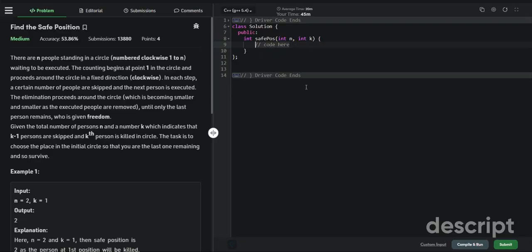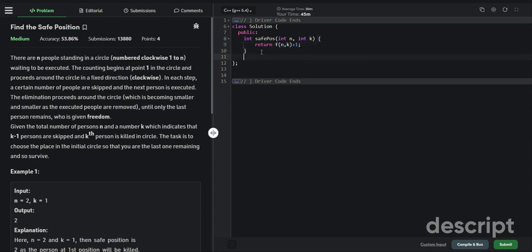So obviously, since we are given one-based indexing, let's say our recursive function is f, and so f of n comma k will give us the answer in 0-based indexing, and we need to add 1 because we need the answer in 1-based index. Now all we need to do is create this function which gives us the answer in 0-based indexing.